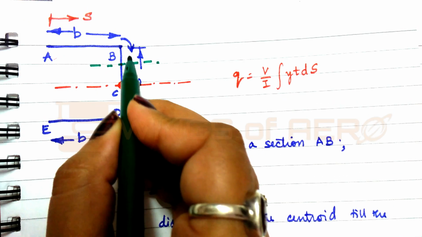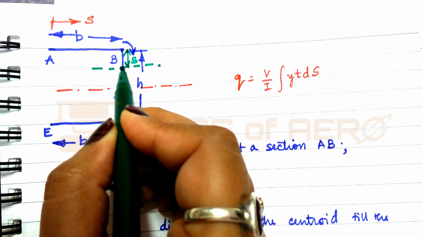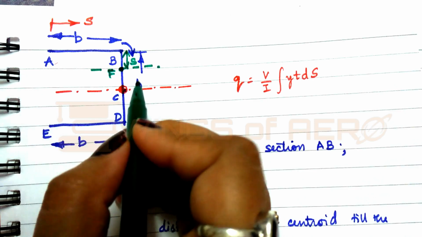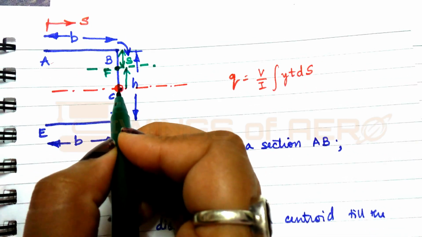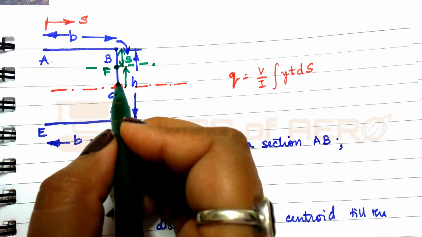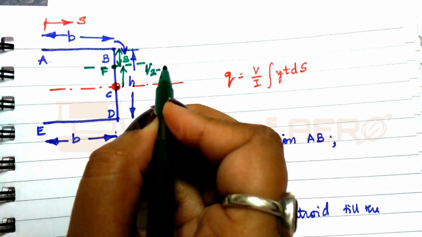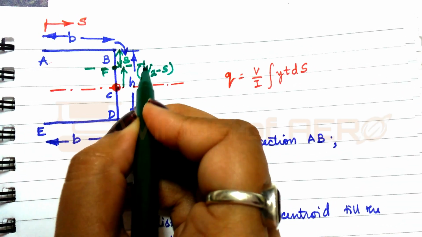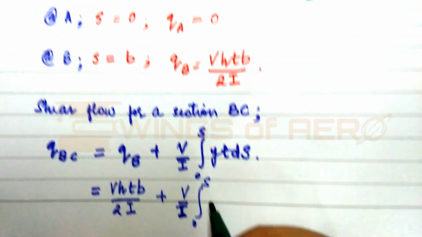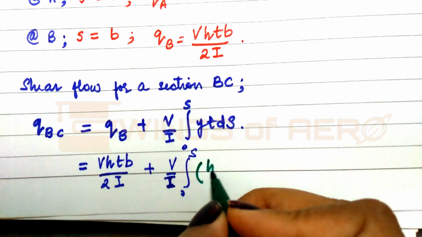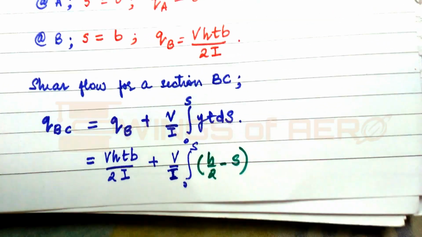From point B to this reference line is s, and this point is F. Now we find the distance from the centroid, which is h/2 minus s. So our y value is h/2 minus s. t is constant.